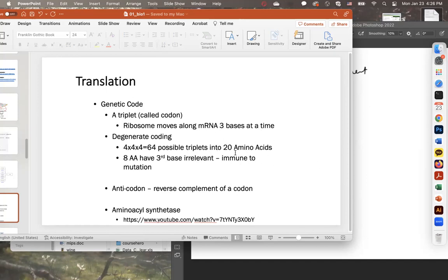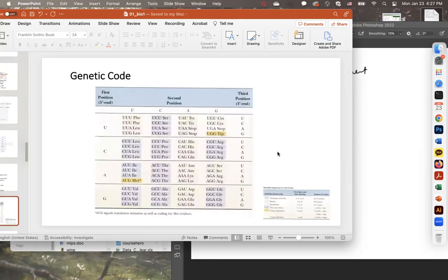In the biological world, there are 20 amino acids, and 3 bases are combined to produce a single amino acid. So this is the table.